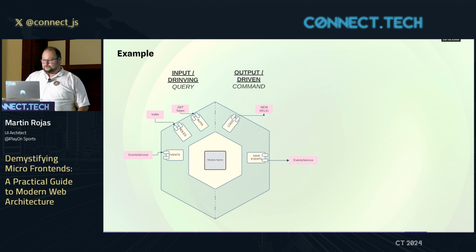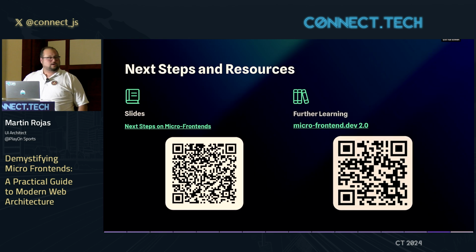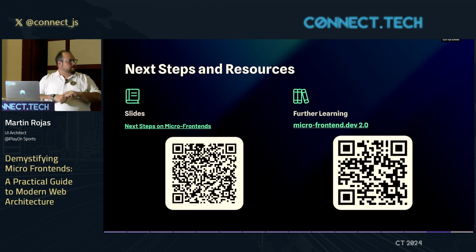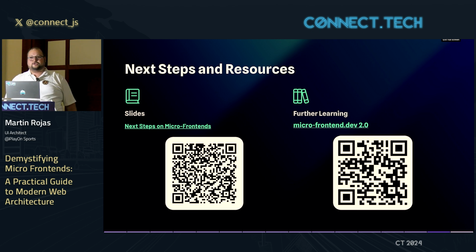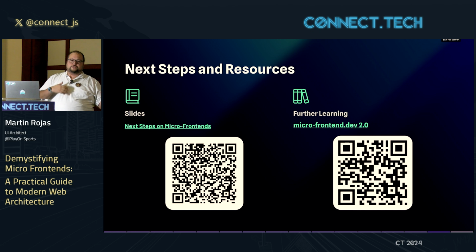Okay. Going forward, there are some resources. These slides and a little bit more are in here, and there's a fantastic website that covers a lot of these things in more detail: Micro Frontend Dev, 2.0, if you keep digging into it. They'll talk more about some of the technologies, and I can too, right?